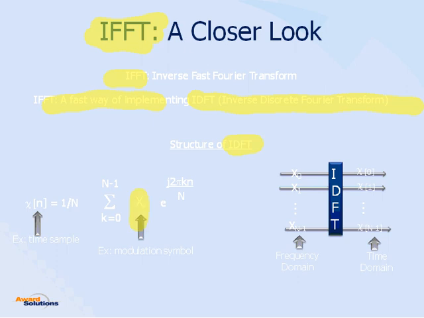We have the modulation symbol, and that symbol is intended for this subcarrier k. And we are basically going from the frequency domain, because we are going from subcarriers to the time samples.